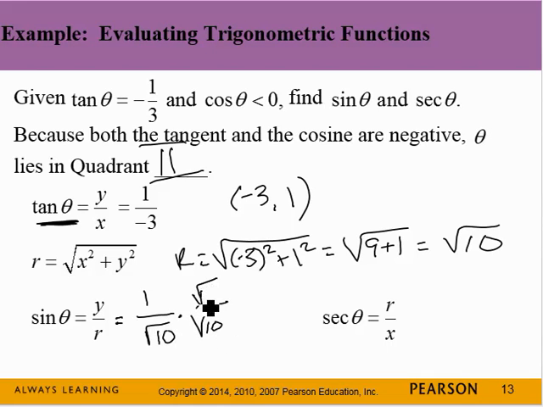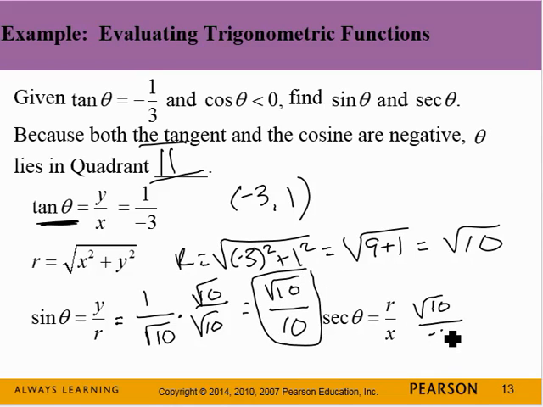So now I'm just plugging in the values that I already have. So all I did was just plug in the values that I already had from up here, and then this was r. And that's all you have to do.